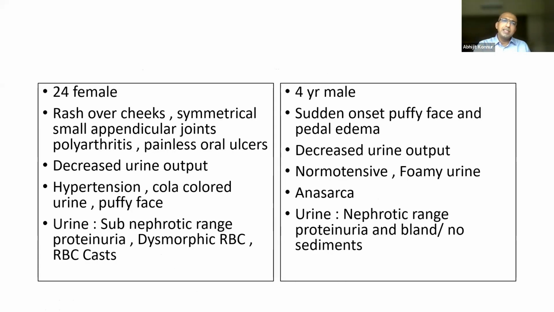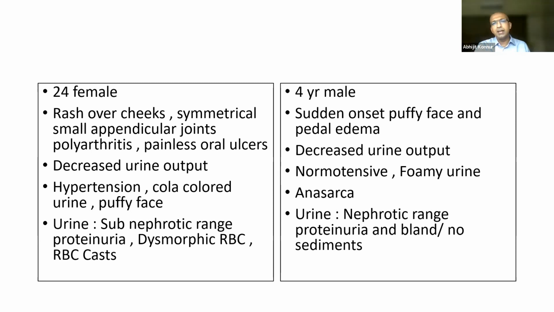Now, let us consider these two diverse glomerular diseases. One is a 24-year-old female who presents with rash over the cheek, symmetrical small joint polyarthritis, painless oral ulcers, decreased urine output, hypertension, cola-colored urine and puffy face, and the urine shows subnephrotic range proteinuria, dysmorphic RBCs, and RBC casts.